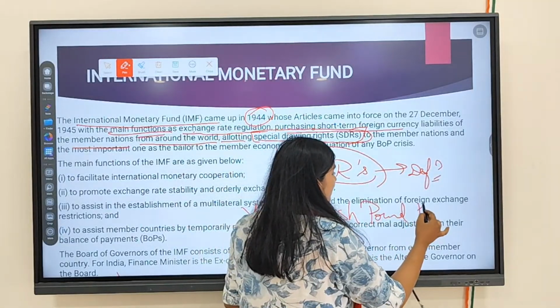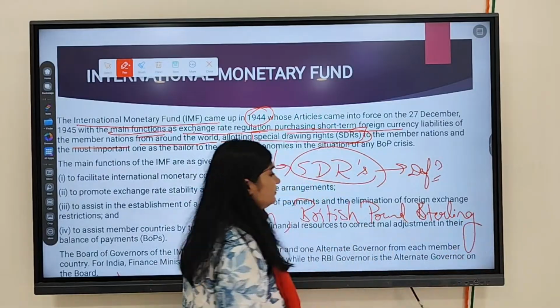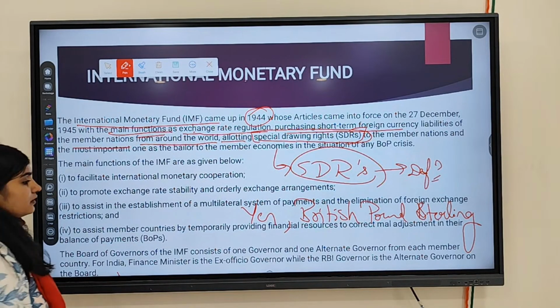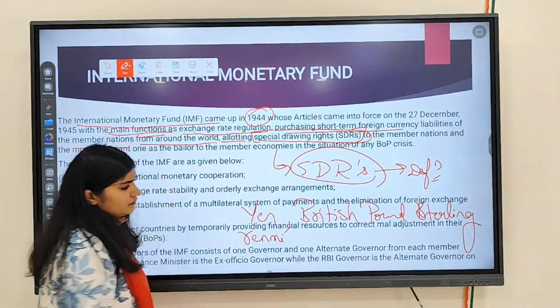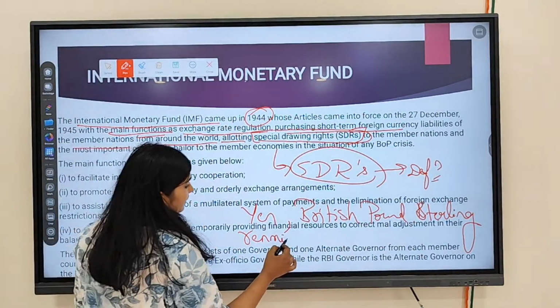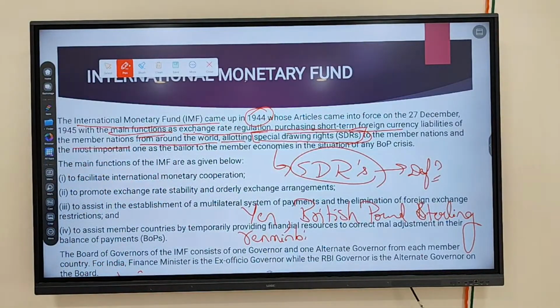British pound sterling, and Chinese renminbi. Full stop.